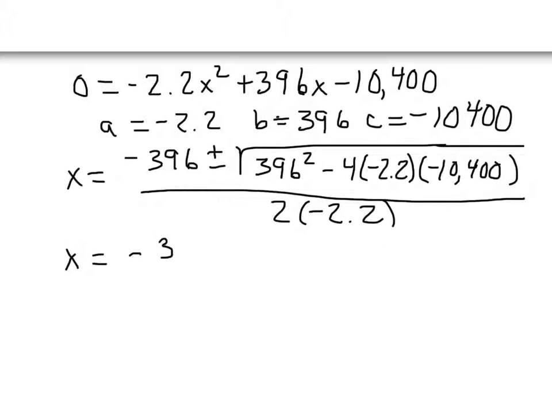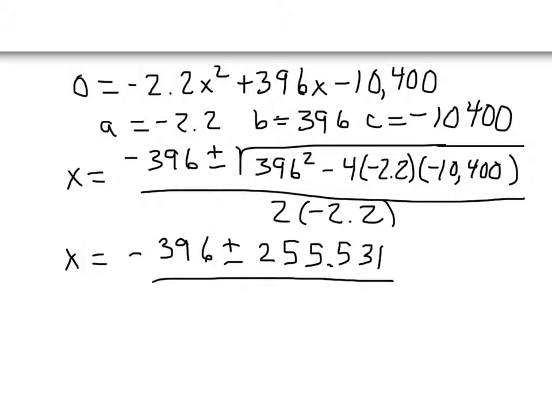So it's negative 396 plus or minus the square root of 65,296. The square root of that is approximately 255.531. All over 2a, which is negative 4.4.